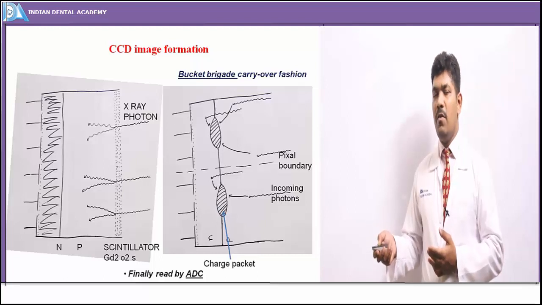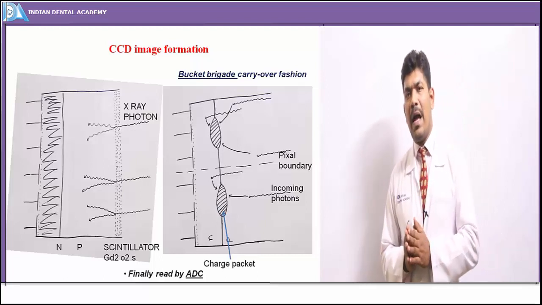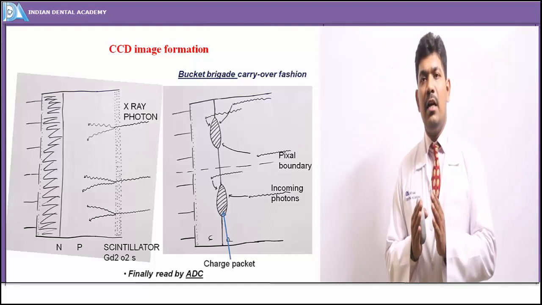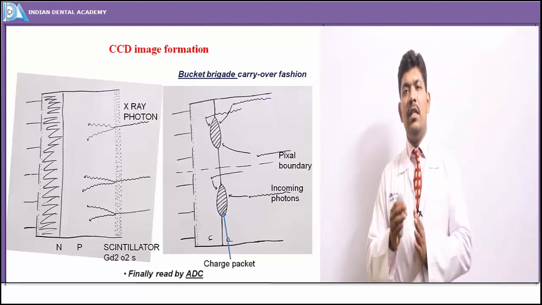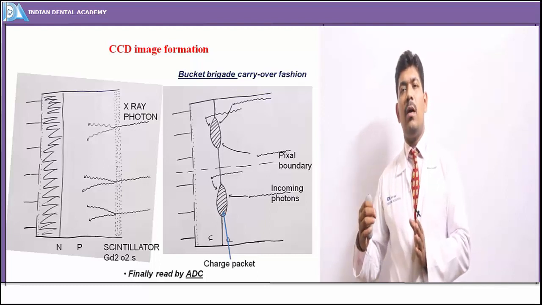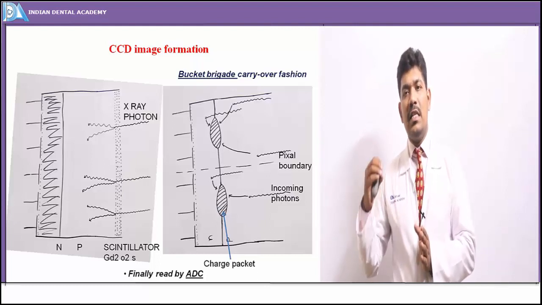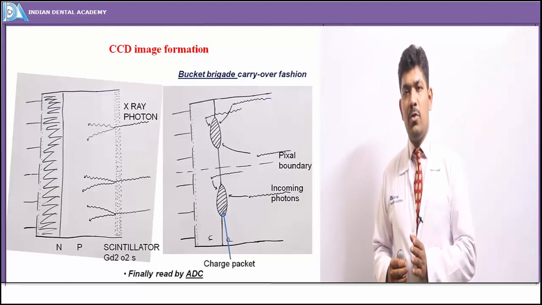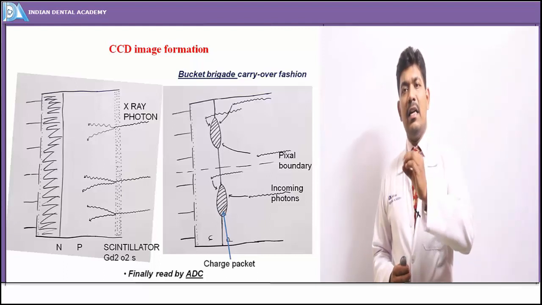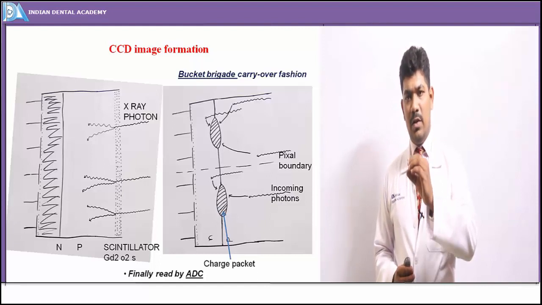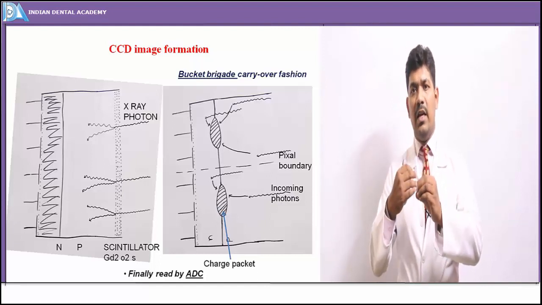At the junction, we have the formation of charge packets, which is nothing but a collection of energy packets, the amount of which is directly proportional to the amount of X-rays incident at that particular point. So say a specific point has a greater amount of X-rays coming to it compared to the surrounding areas.